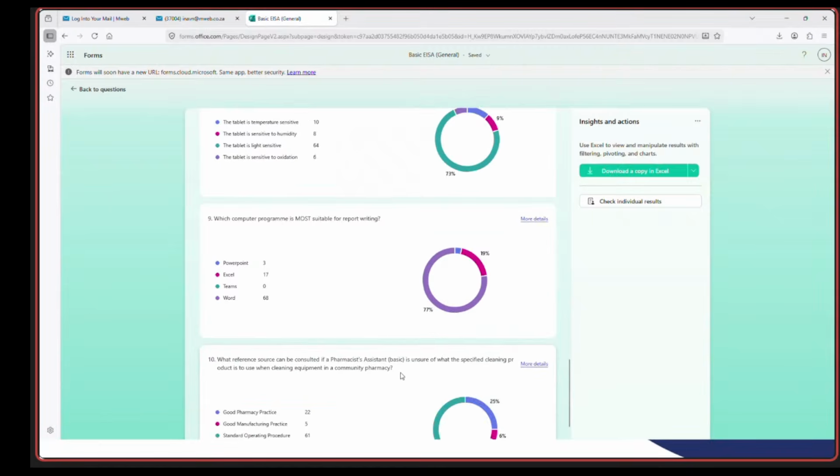If we look at question number 9, which computer program is most suitable for reporting printing? This is one of those that I say you must look at the word most.